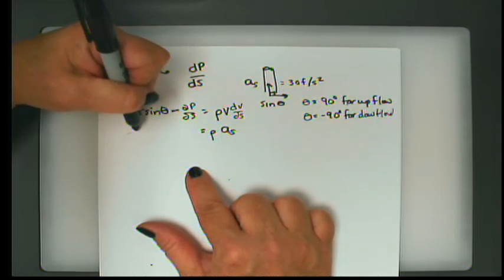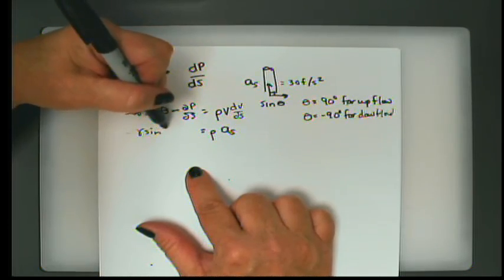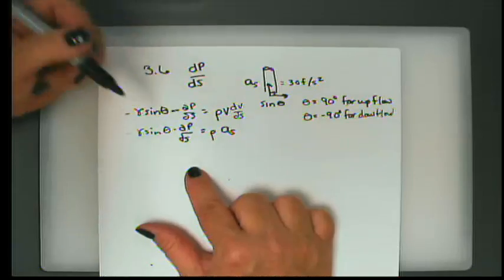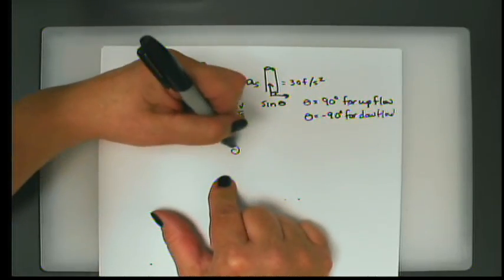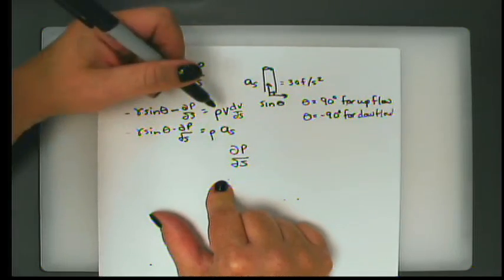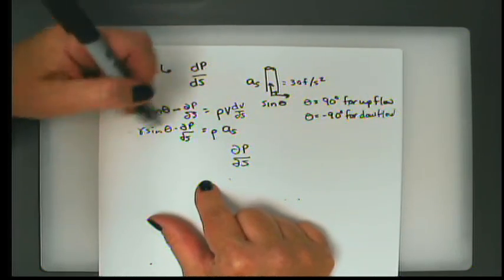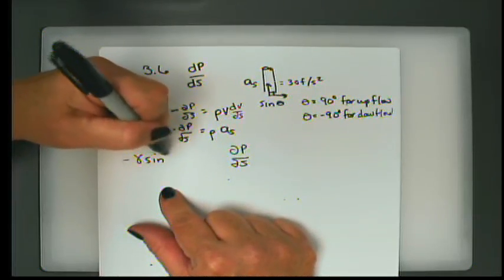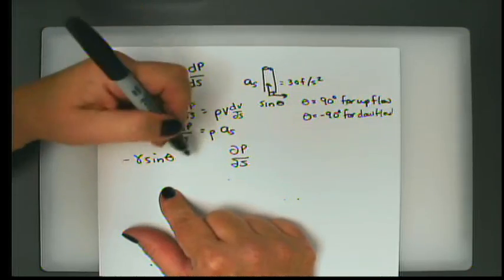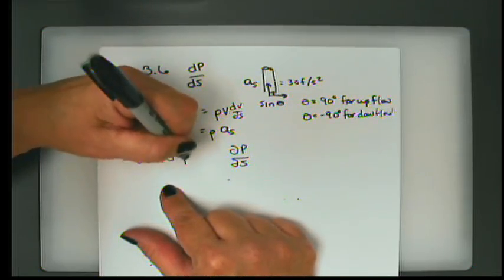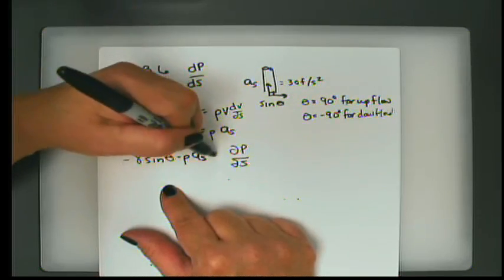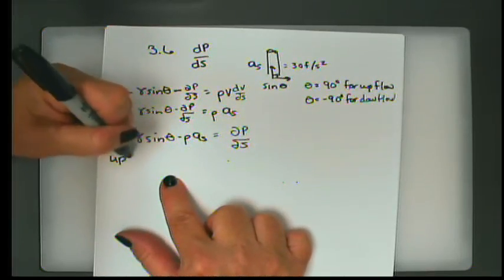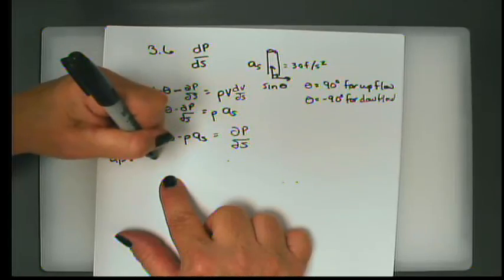And then we have minus gamma sine theta minus dP/dS, and then I want to solve for dP/dS. So I get dP/dS, which is that pressure gradient, is going to equal minus gamma sine theta minus rho a_s.